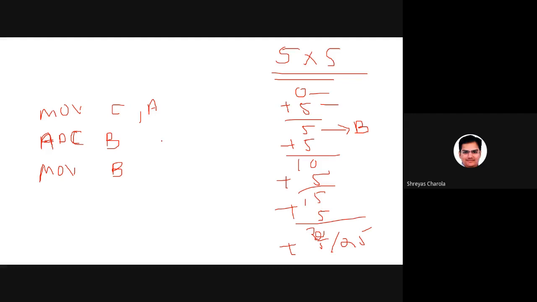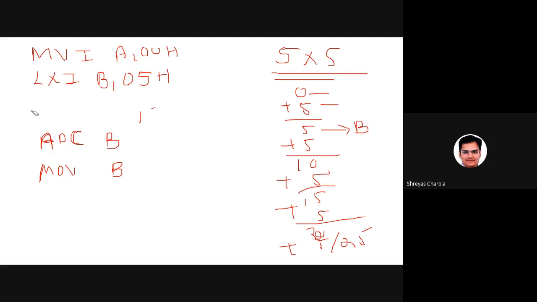First I will put accumulator as 00H. I will write LXI B, 05H, so B and C both will be 5. Now no need to copy this value.